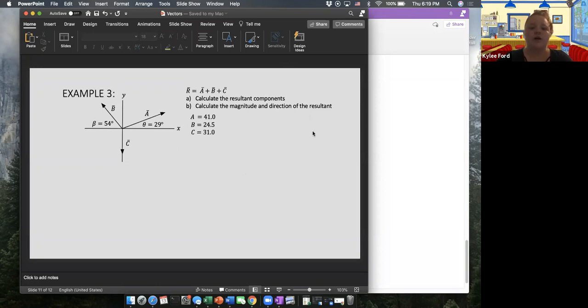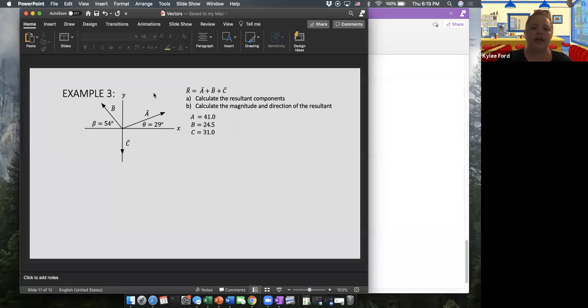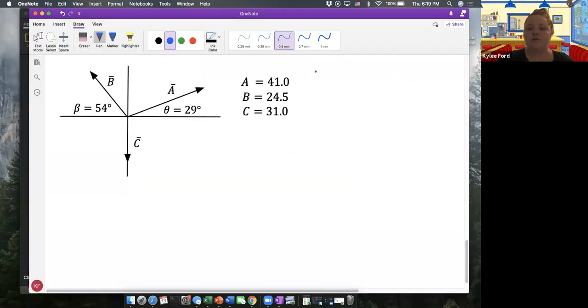Okay, so I'm going to be working in the whiteboard again. Our first step is going to be to break this down. We are looking at our resultant being each of the vectors added together. Let me just write that down so we don't forget our goal.